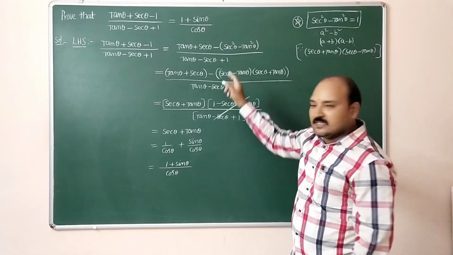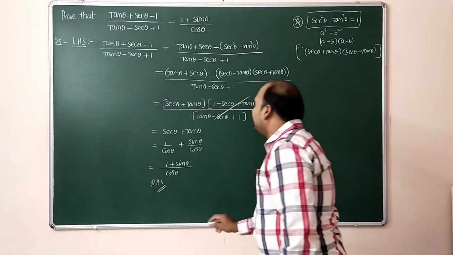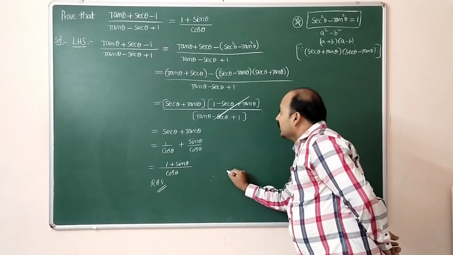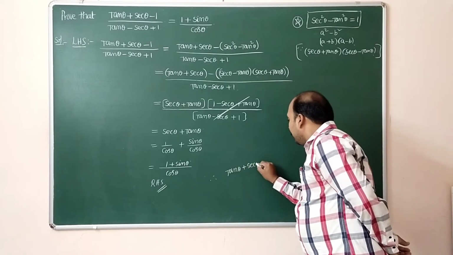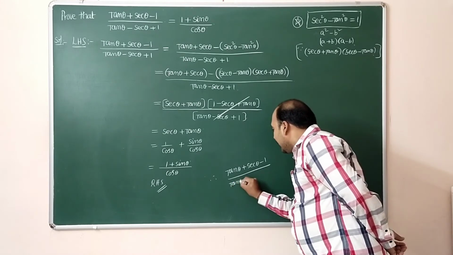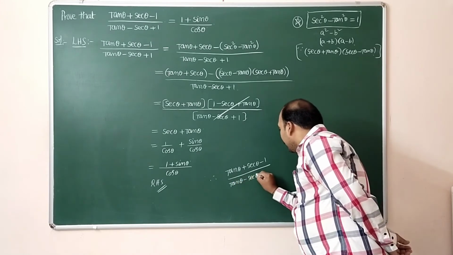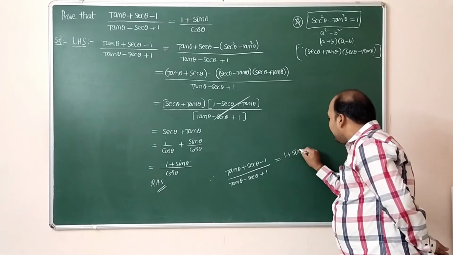They are asking to prove the result. So it is RHS. Therefore, conclusion: tan theta plus secant theta minus 1 divided by tan theta minus secant theta plus 1 is equal to 1 plus sin theta divided by cos theta.